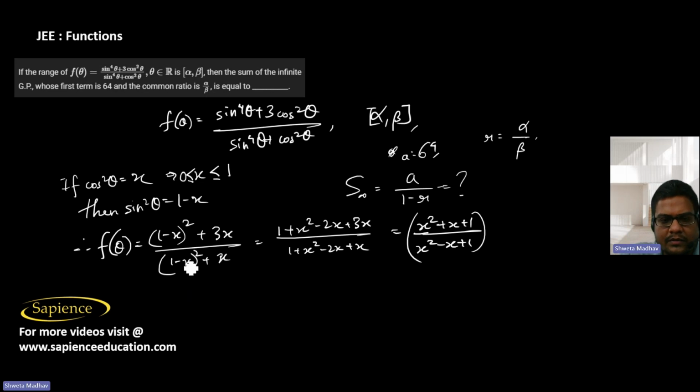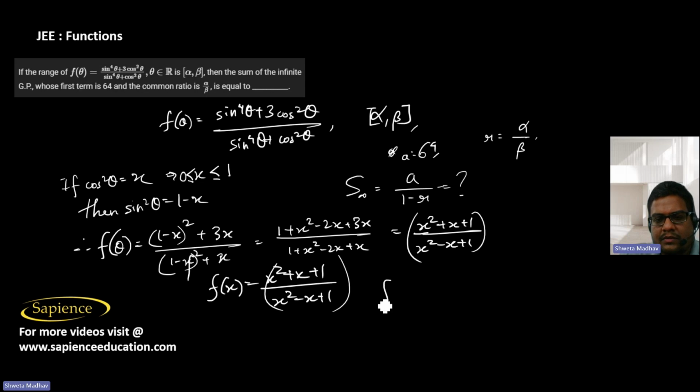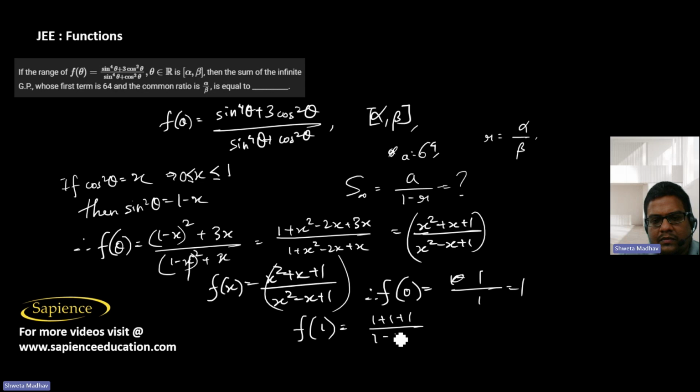So this will be f of x, that is x square plus x plus 1 divided by x square minus x plus 1. Now f of 0 will be equal to 1 by 1, so that is 1. And f of 1 will be 1 plus 1 plus 1 by 1 minus 1 plus 1. So this will be 3.